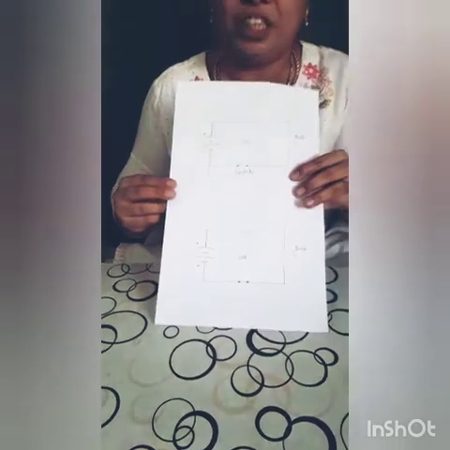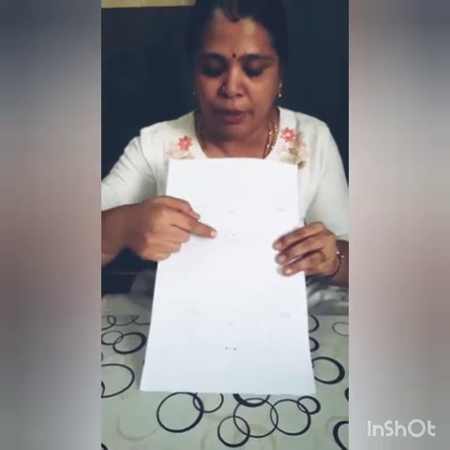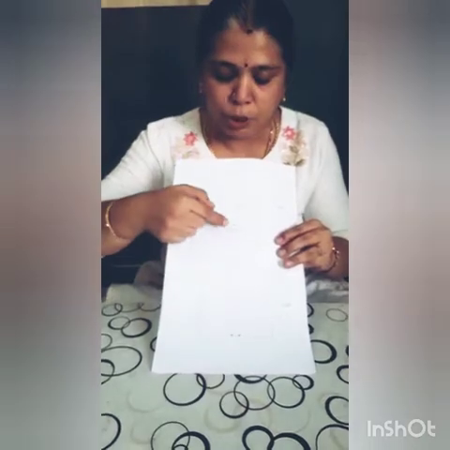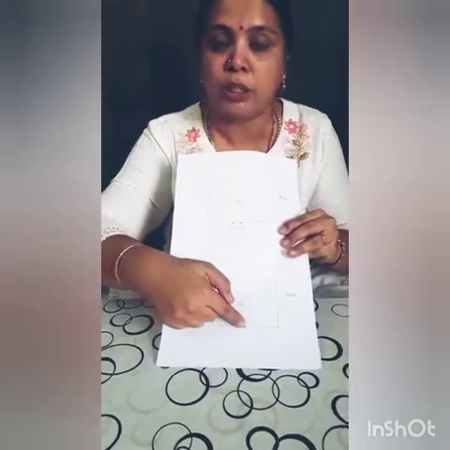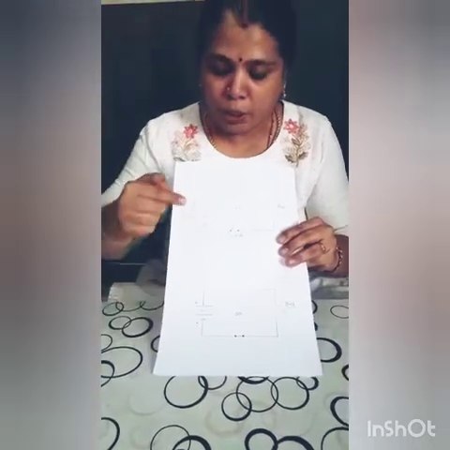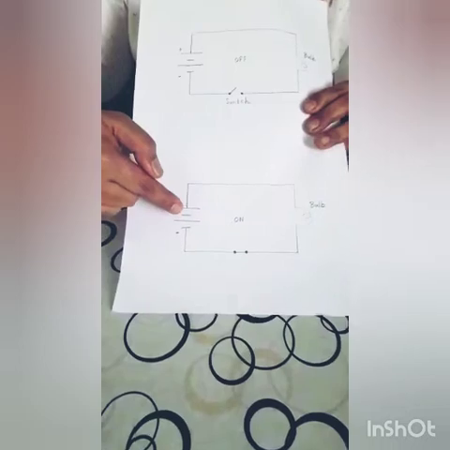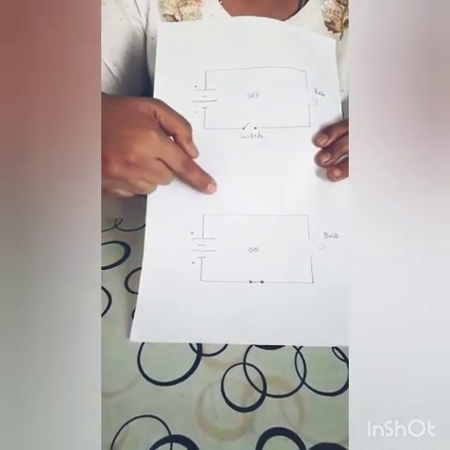Can you observe what is the difference between these 2? Yes, correct dear. The only difference between these 2 diagrams is the switch. Here the switch is in off position. In this diagram the switch is in on position. When the switch is in on position, the current will flow in this whole circuit.